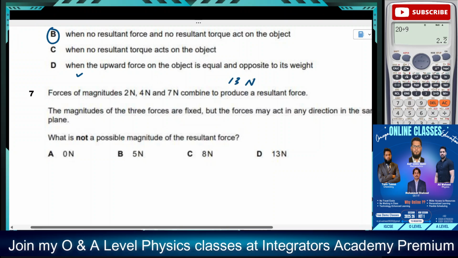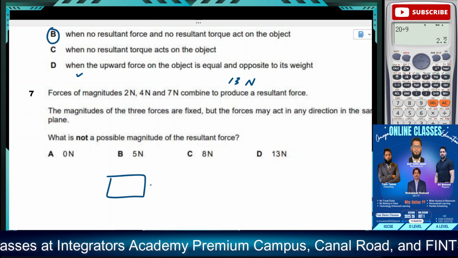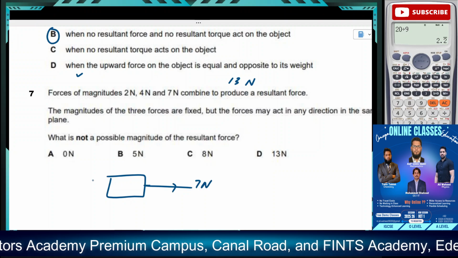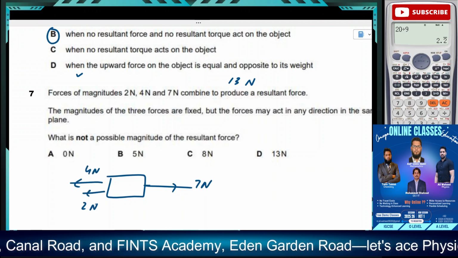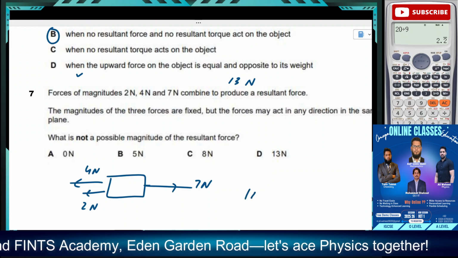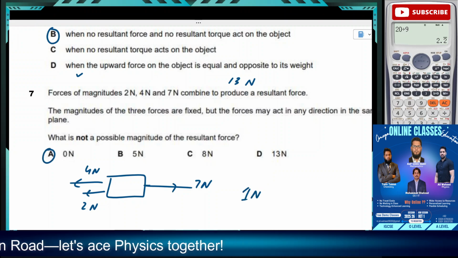And now, what is the minimum possible answer? The minimum possible answer could be in this case. So let's say 7 Newton here, 4 Newton here, 2 Newton here. So the minimum possible answer is 1 Newton. Anything below 1 Newton is not possible.